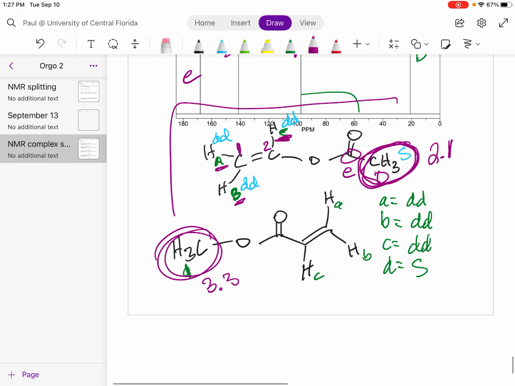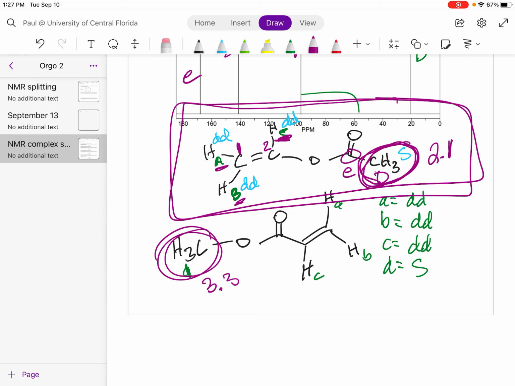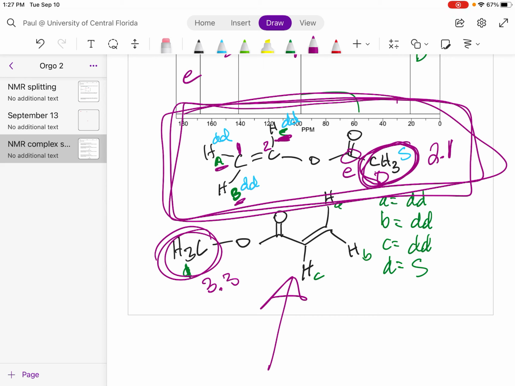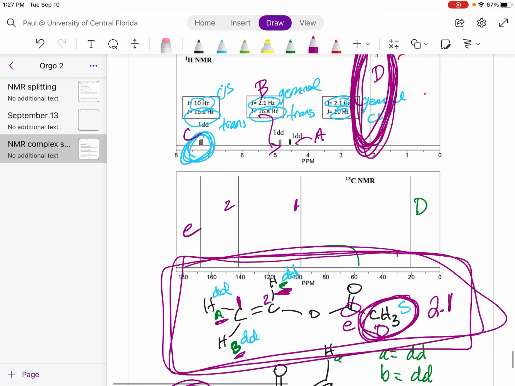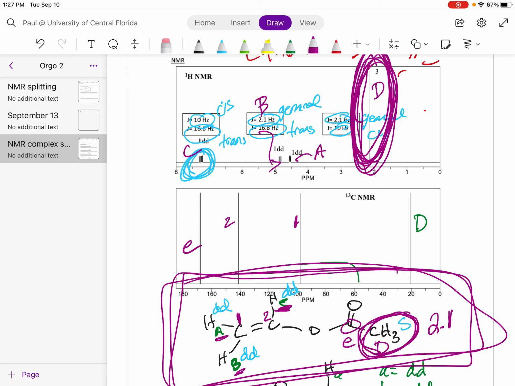So that is the correct predicted structure. And if you got this one below here, good job. You got very, very close to it. But that's how you know the one on the bottom's wrong, due to that chemical shift. So I hope that's helpful to you, and good luck on your test that's coming up.